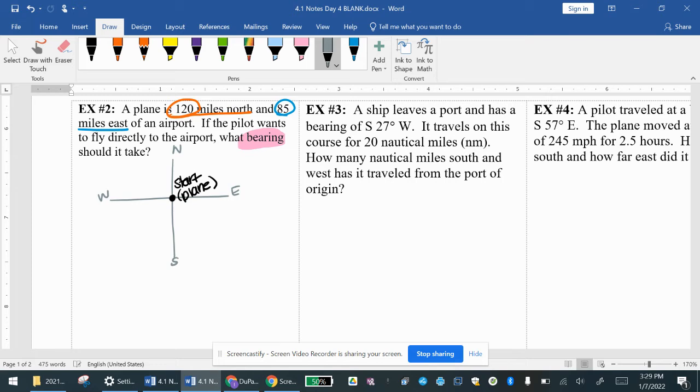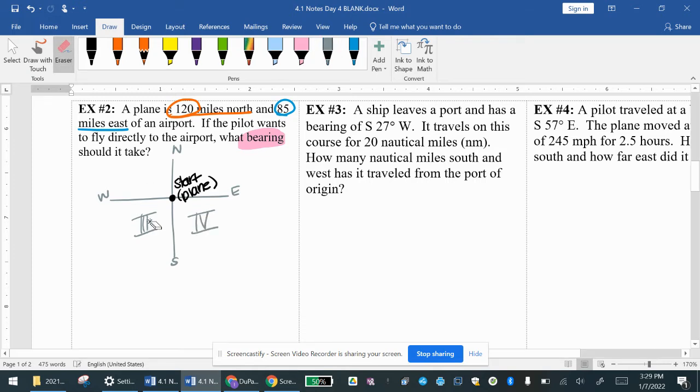When you are trying to figure out what bearing it needs to take to get to the airport, you still need to know where the airport is, right? So the plane is north of the airport, which means that the airport is below it. That means it's got to be in quadrants 3 or 4. Now, the plane is east of the airport.